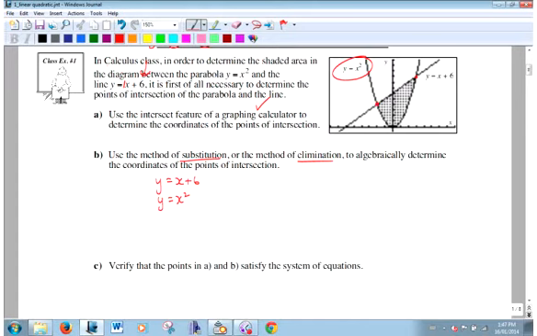If you know one thing, like y, you substitute it in the other equation. And you have one equation with one variable, and hopefully you know how to solve that. I know what y is, it's x squared. I also know y is x plus 6.